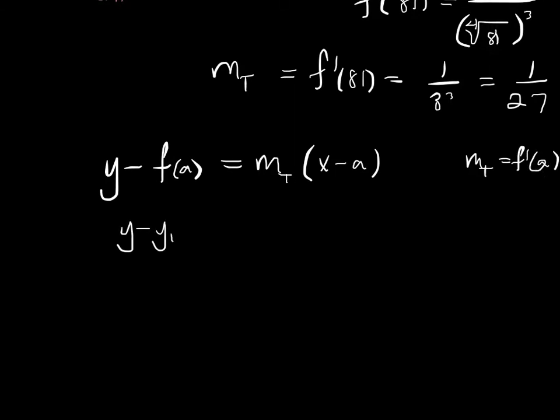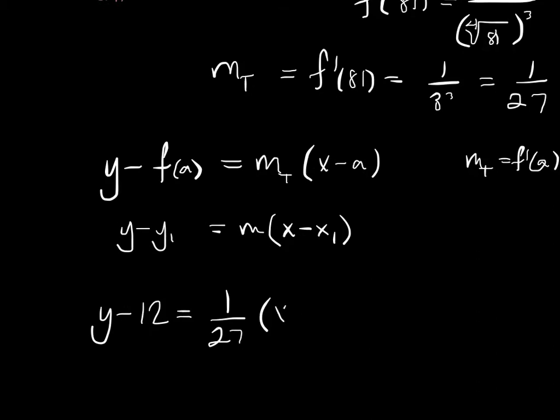Back in kindergarten, we knew this as slope, point slope form. Anyway, in our example, it's going to be y minus 12 equals 1 over 27, x minus 81. Okay, fantastic.